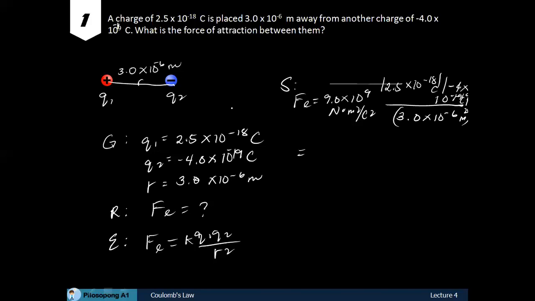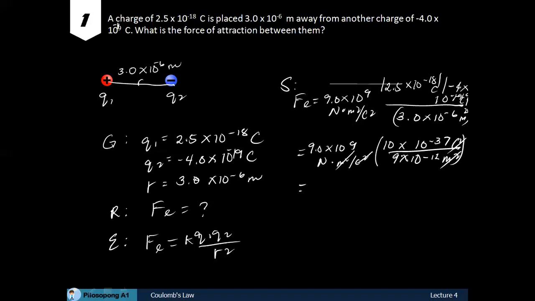So we write this one, 9.0 times 10 raised to 9, so that we can see the canceling out of the units. So 2.5 times negative 4, it's 10. We have 10 times 10 raised to negative 37 Coulomb squared over the square of the distance, that is 9 times 10 raised to negative 12 meters squared. So we can cancel out the units, meters and Coulomb, and proceed with our calculation.